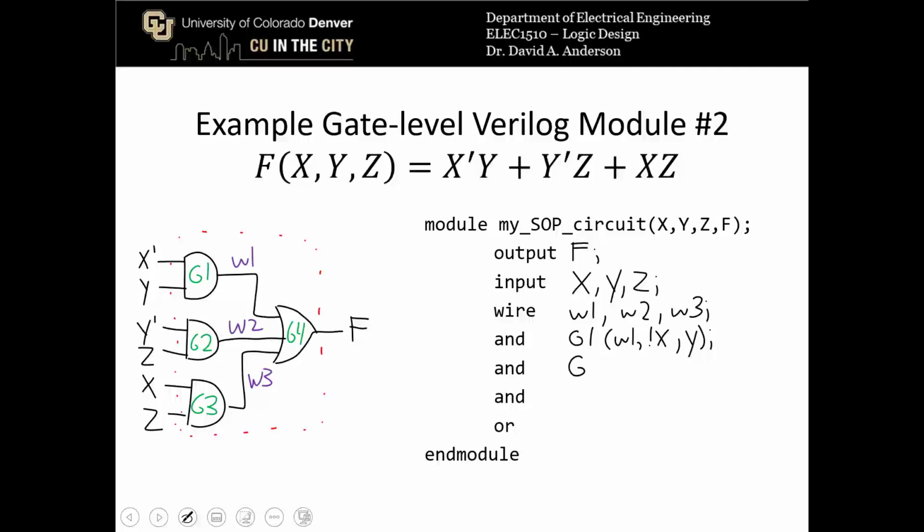Next we want to define gate number 2, which has output wire 2, and inputs not Y and Z. And then gate 3 is an AND function again with output wire 3 and inputs X and Z. Finally, gate 4 is an OR gate with output F and inputs wire 1, wire 2, wire 3.